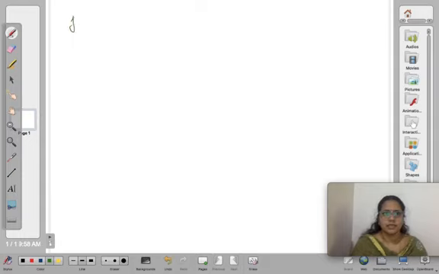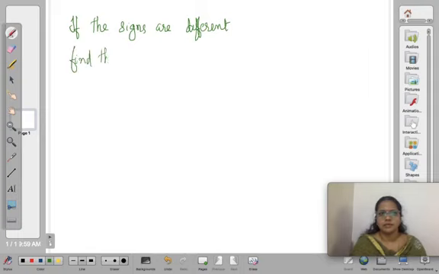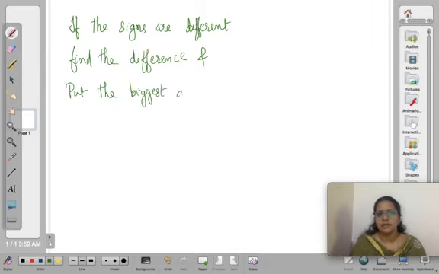If the signs are different, find the difference and put the biggest digit's sign. Digit means numbers, you can take the number itself, the biggest number's sign.